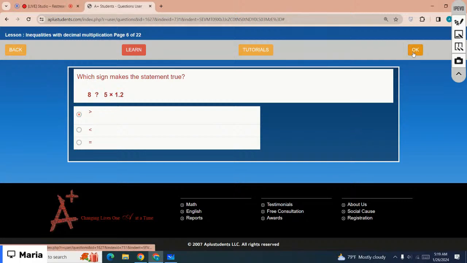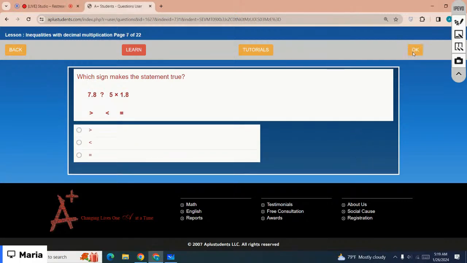Very good. 7.8, you have to compare it to 5 times 1.8. So which is the correct option?